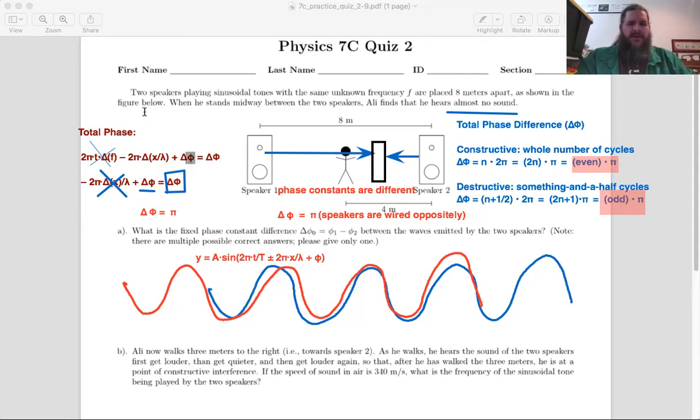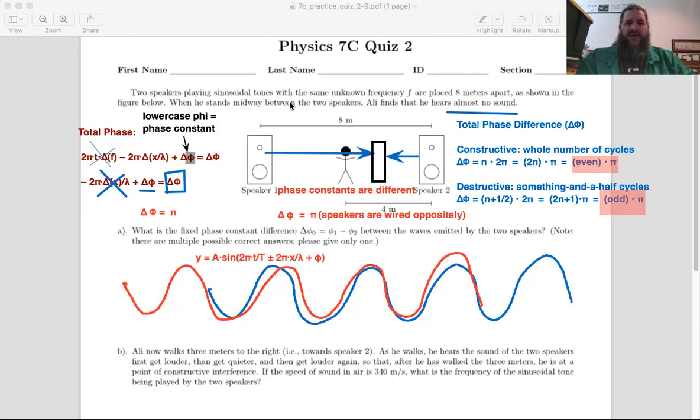Let me make a note of that. Lowercase phi is the phase constant. And that's a constant value associated with each wave. And that essentially represents what's going on at the source. Like the phase constants being the same or different tells you, are the speakers themselves synchronized or non-synchronized?